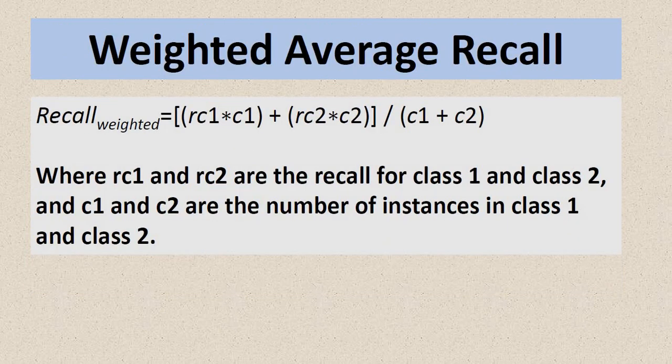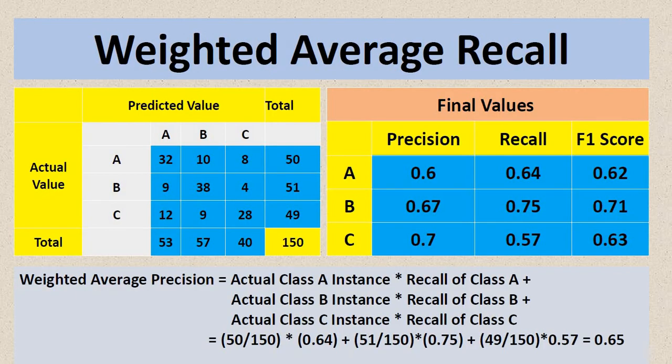Okay. Now weighted average recall is calculated the same way as weighted average precision. This is the formula, and this is my confusion matrix and the final value table of my precision, recall and F1 score. So weighted average recall is equal to the sum of actual class A instances into recall of class A, plus actual class B instances into recall of class B, plus actual class C instances into recall of class C. Now actual class A instances are 50, into recall of class A, 0.64.